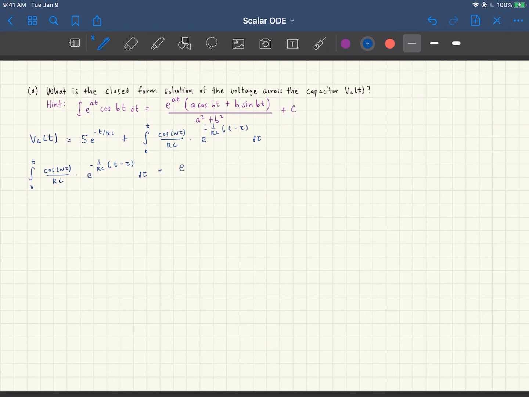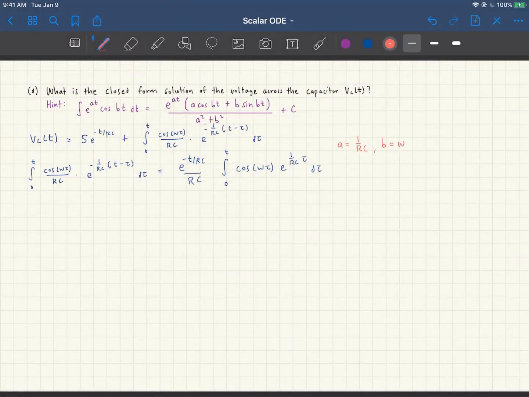So we're going to pull out e to the minus t over RC, and then we'll be just left with an integral from 0 to t of cosine of omega tau e to the, we have a minus 1 over RC and a minus tau, so it'll be e to the 1 over RC tau d tau. If we look at the hint, we now see that we have e to the at, so a matches with 1 over RC and b matches with omega. So we know that a is equal to 1 over RC and b is equal to omega.